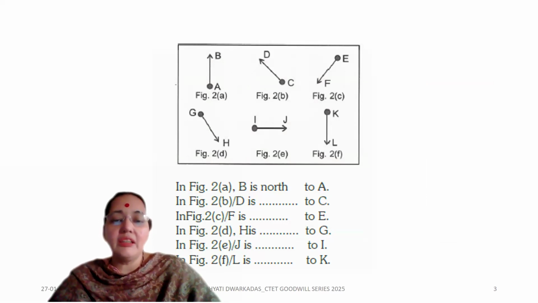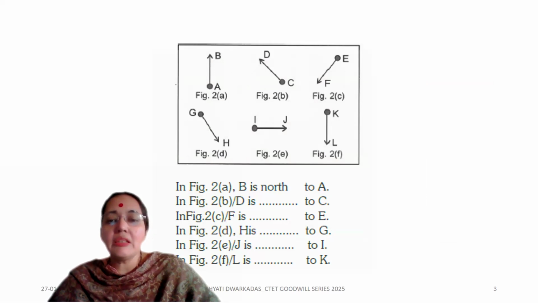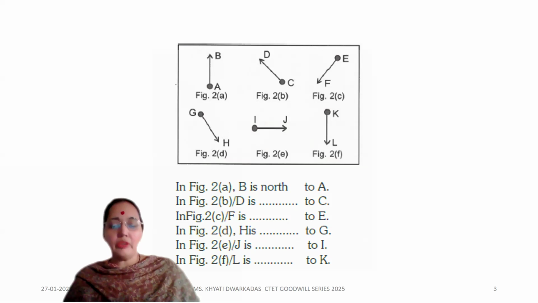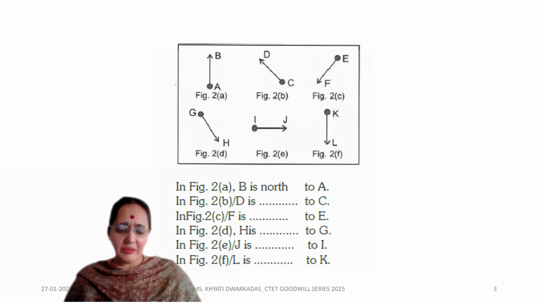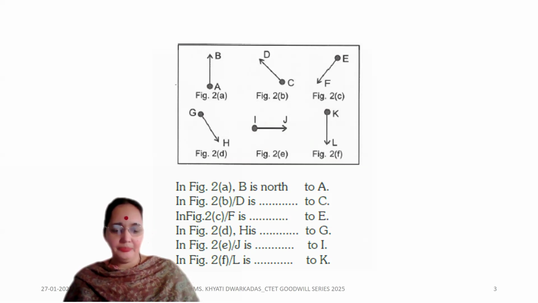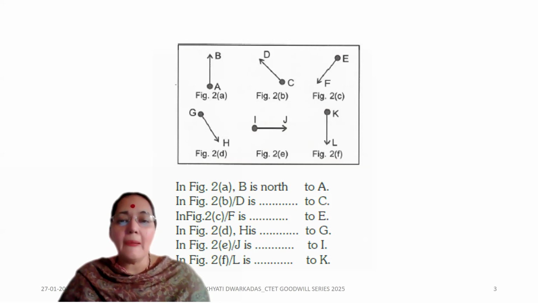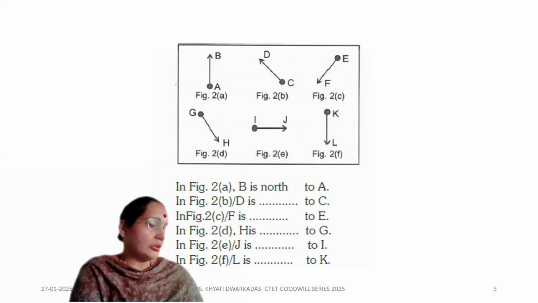So this is the figure. And in this figure, you can see a whole lot of arrows. I will keep the chat box open on the side. I would request you to simultaneously answer these questions in the chat box. So in figure 2A, B is to the north.